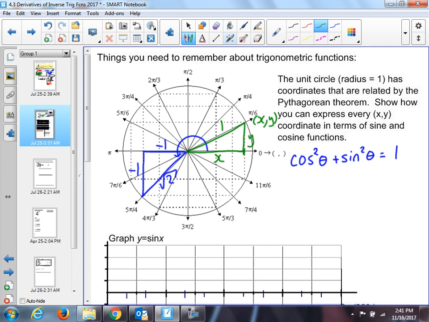Okay. Now, if this green is where my theta is, what would you say the cosine of theta is? Sure, it's adjacent over hypotenuse, which is x over 1. Do you guys remember this? Did you guys see it this way?